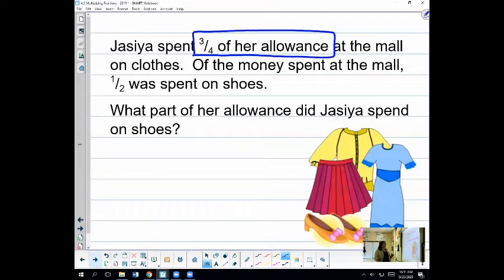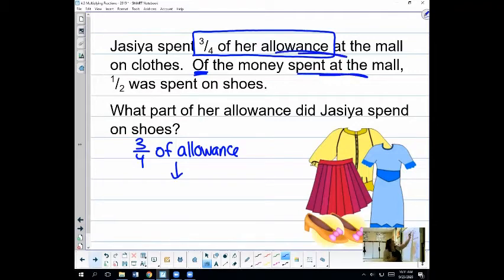Okay, so 3/4 of her allowance. And then it says of the money she spent at the mall. So of this 3/4, maybe it was $10, maybe $100, we don't know. Of the money that she spent at the mall, so this is the 3/4 of what she spent at the mall, half was spent specifically on shoes. So half of that money was on shoes.